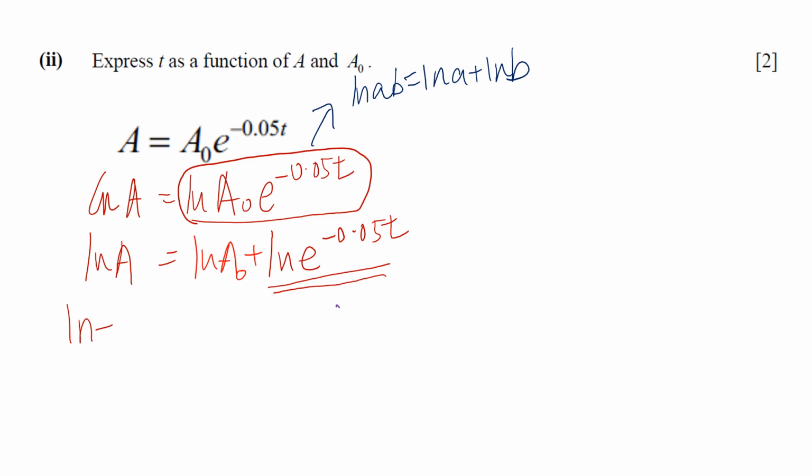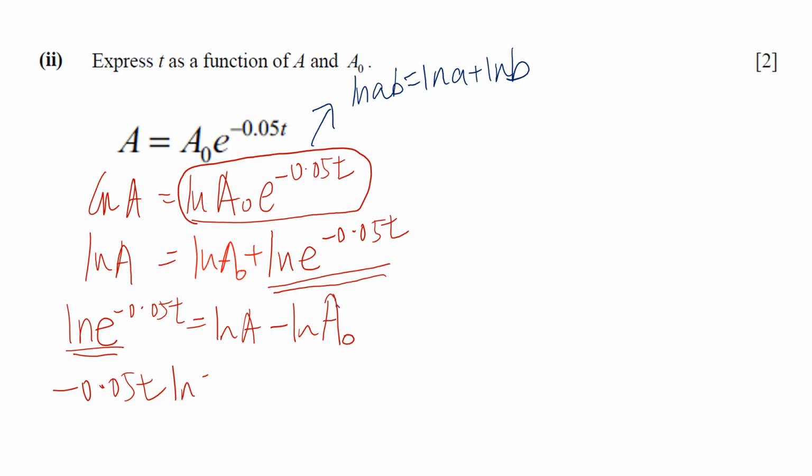So ln A minus ln A subscript 0 is equal to ln e to the power negative 0.05t. Then I can apply your power law, and ln e is 1. Ln is log base e.